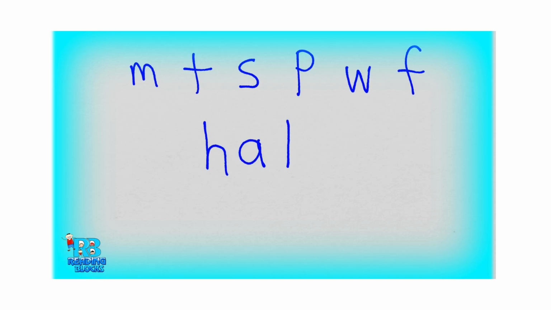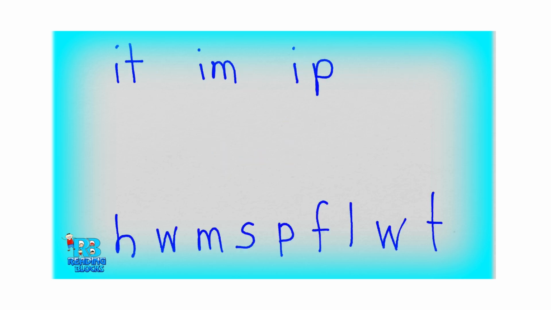Okay, now let's practice 3 word families that we have for block 2. And we're going to make and read words with 3 of our word families. So let's read our word families first. We have it, im, ip. Very good.